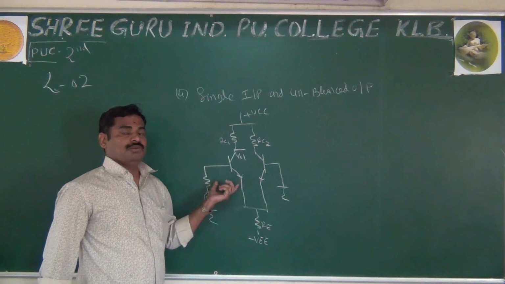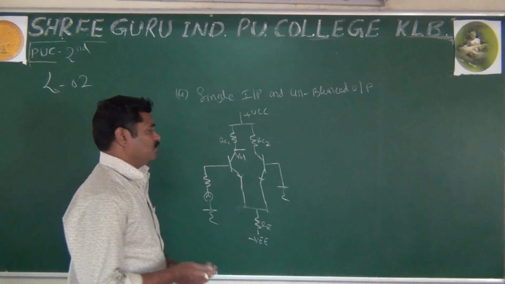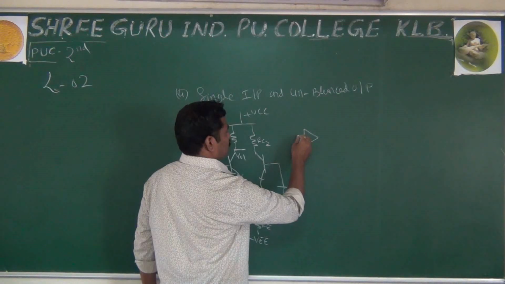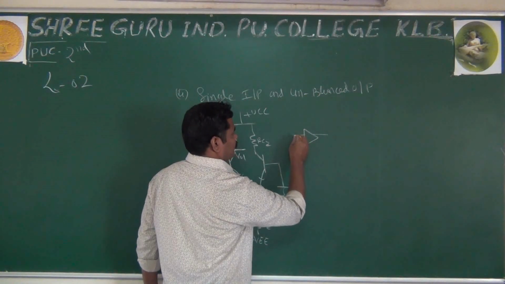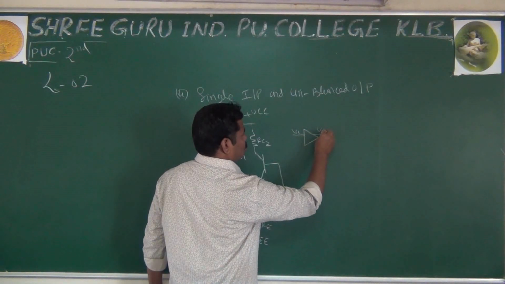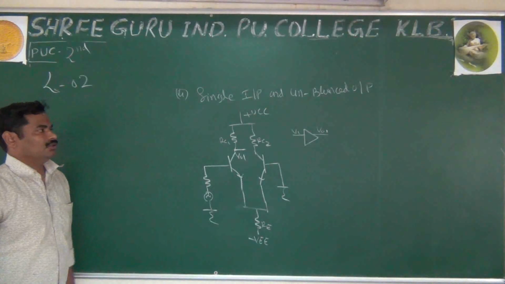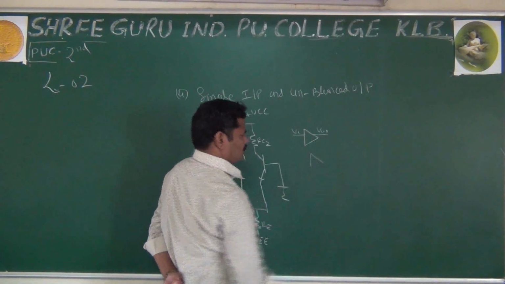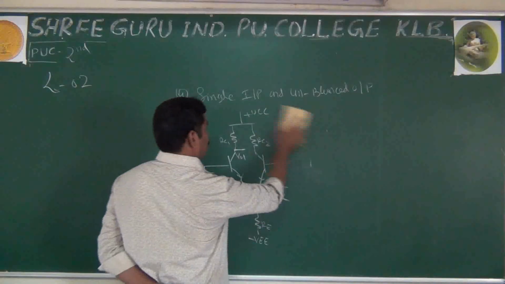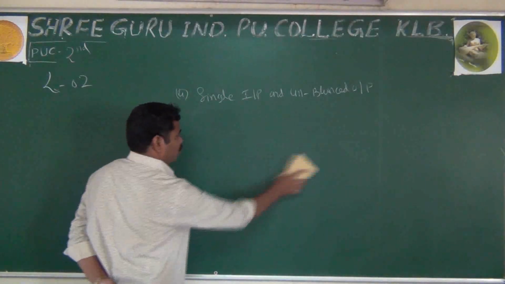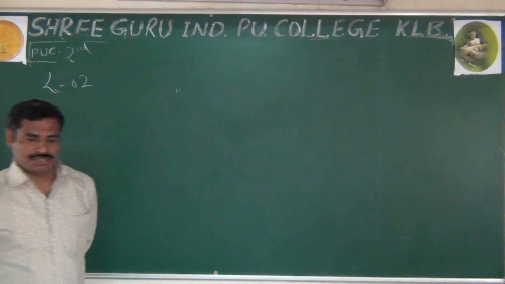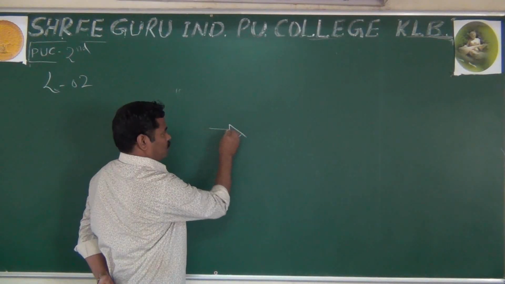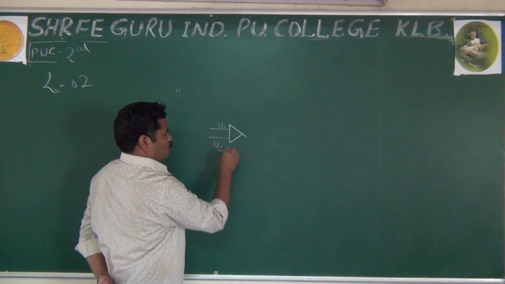If I say it orally you will have some confusion, but if you draw the symbol, or write the circuit diagram symbolically, you can understand very easily. As I said already, single input V1 and single output V01. And to remember it once again symbolically: the first one has two inputs, V1 and V2, and also two outputs.